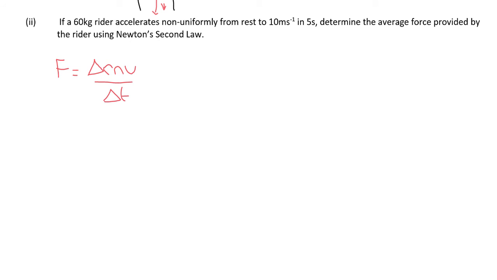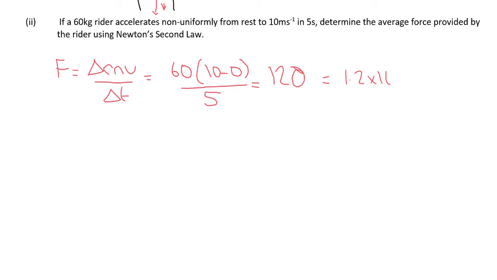So that's going to be 60 times the final velocity minus the initial velocity in 5 seconds. So that's going to be 120, which is 1.2 times 10 to the 2 newtons, giving it to an appropriate number of significant figures for the data you were using. Okay, let's continue to the most challenging of this.